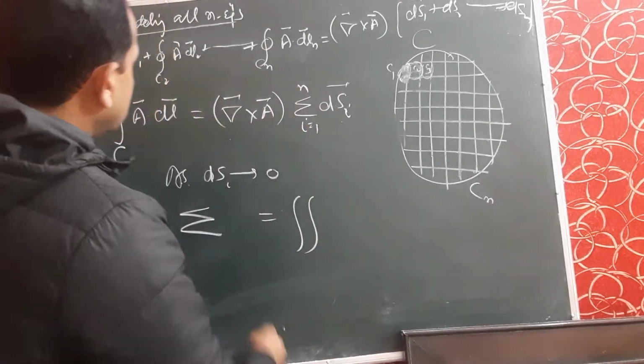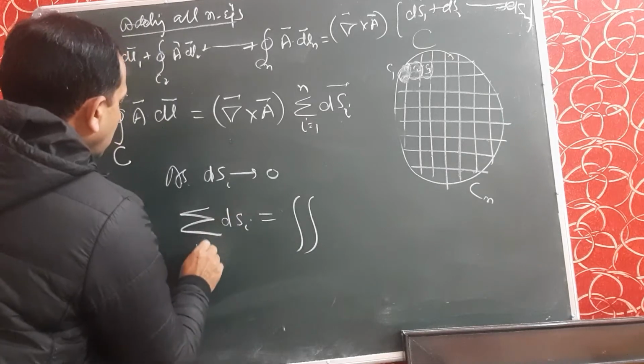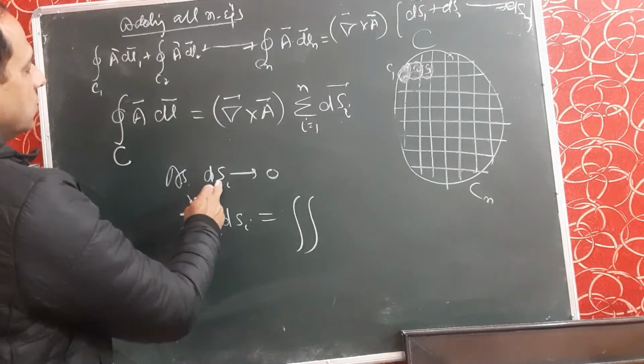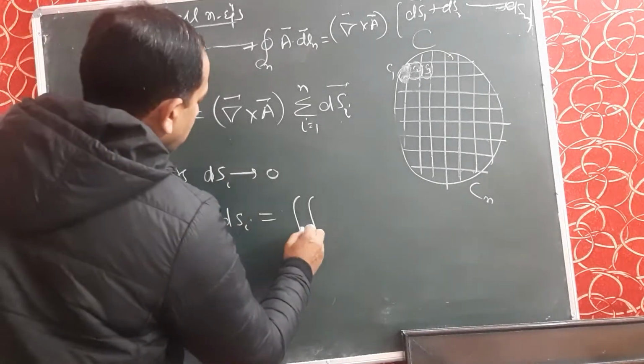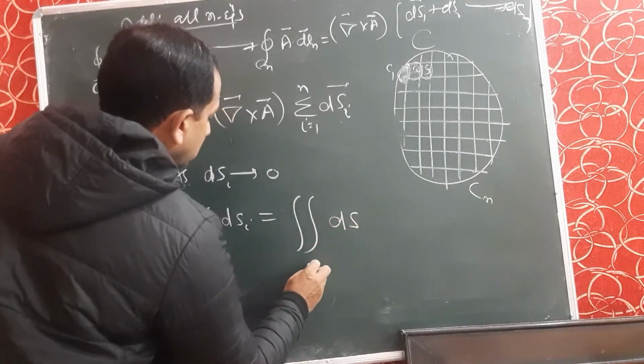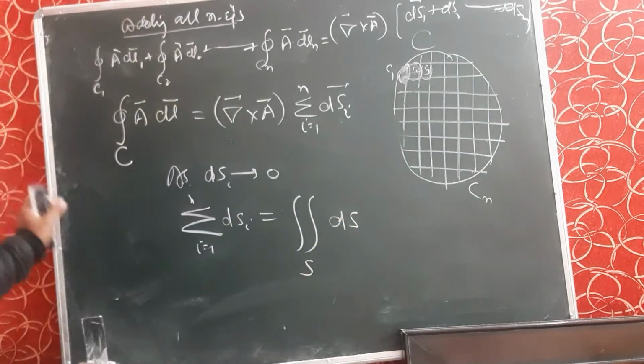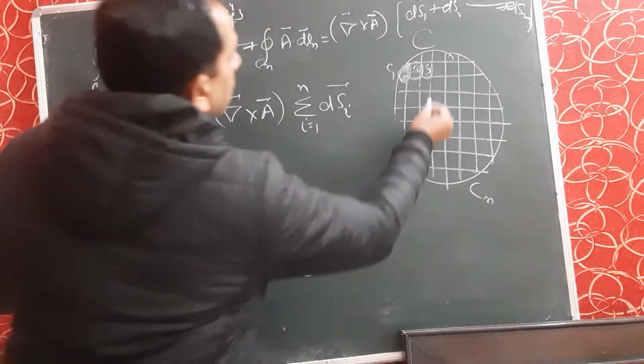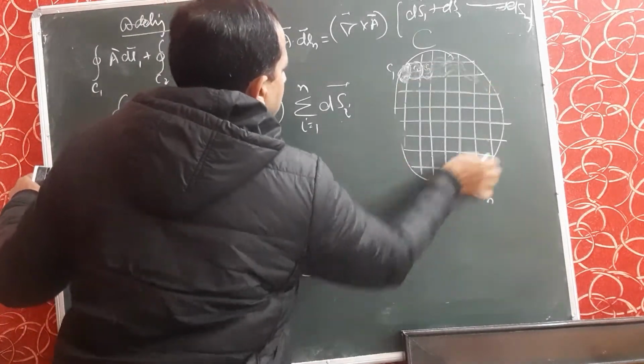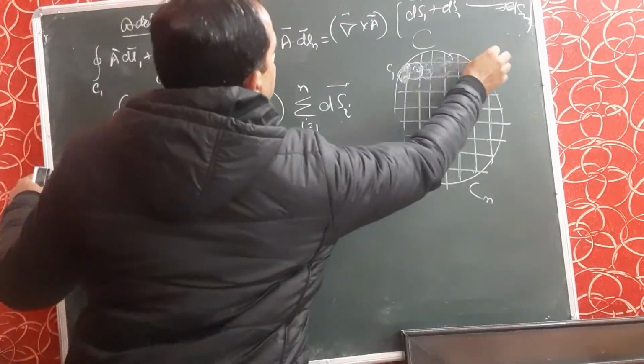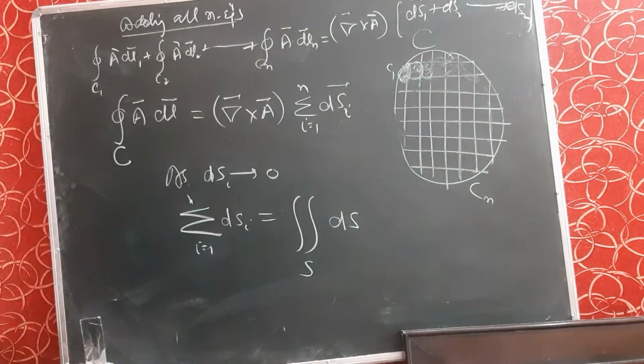Sigma ds means sigma dsi, i varying from 1 to n. As dsi is very small, we may write this as ds, and it is for closed surface S, because when we add all these surfaces, we get the overall surface, that is total surface, that is ds integral.